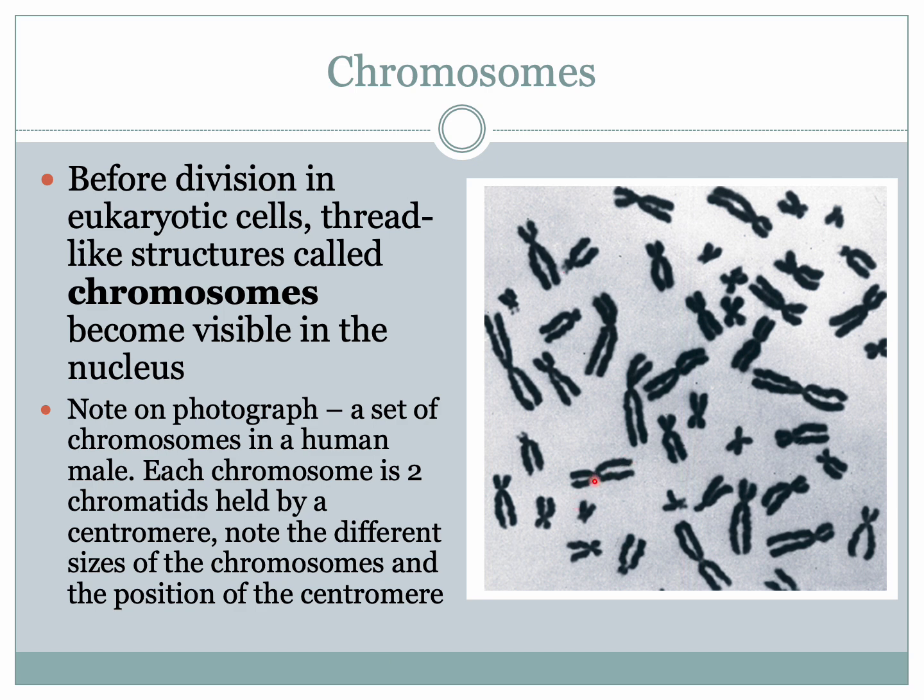The centromere is where they're connected, and it's in a different location on the different chromosomes. Note the different sizes of the chromosomes and the position of that centromere. The sister chromatids are each individual part.